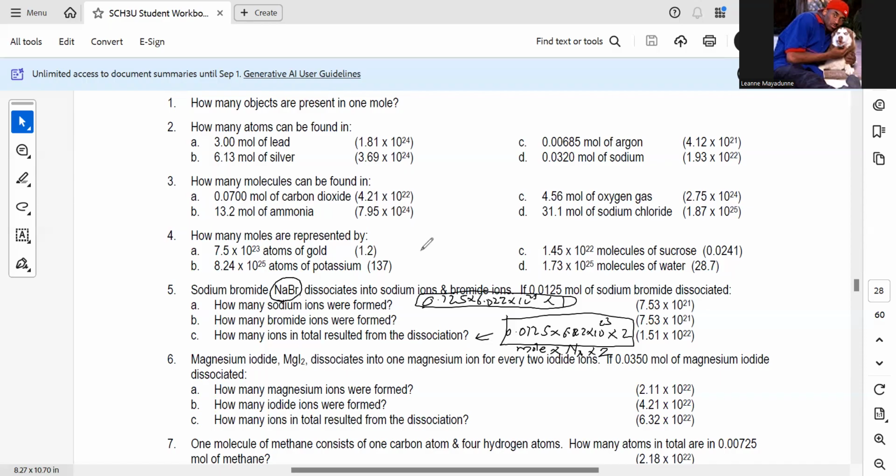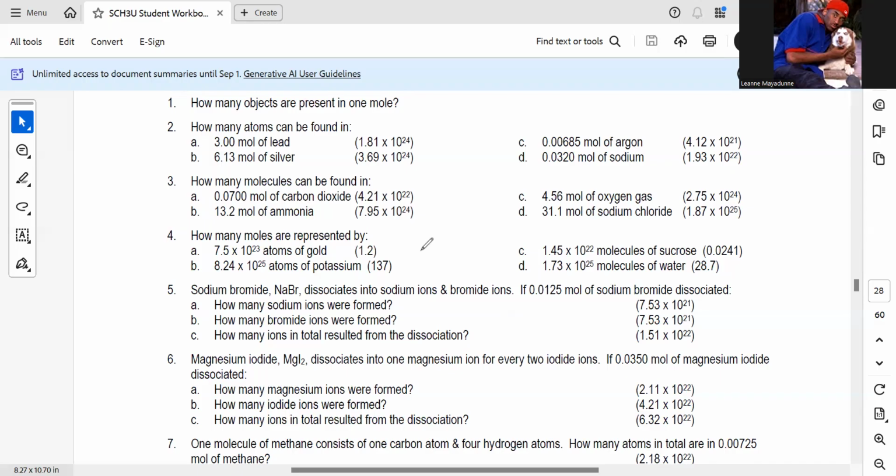Can you share the image? So 0.035 multiplied by 6.023 multiplied by 1.